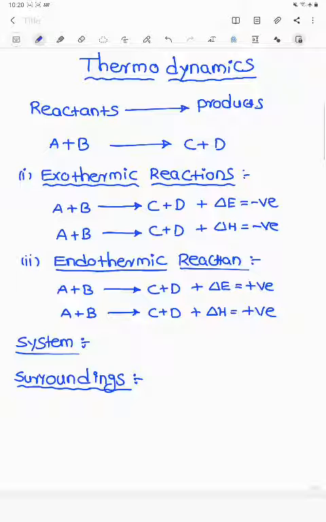Surroundings means except the system, the remaining or rest of the portion in the universe. Based on the energy changes and mass transfer that occur between the system and surroundings, the systems are classified into three types.